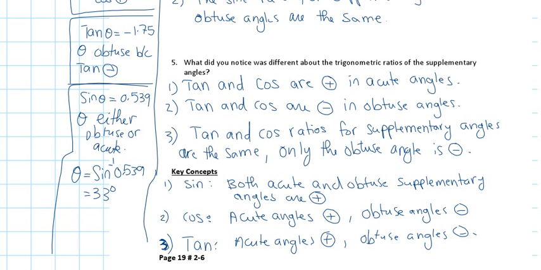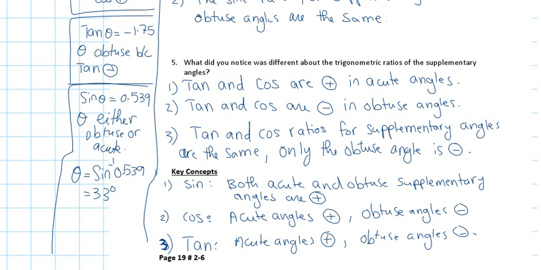Sine is positive here. So you found one of the angles, right? We've done this before. Doing sine inverse is not new to you, is it? No. So that's fine. But in this case, I know I have to have two answers: the acute and the supplementary obtuse.